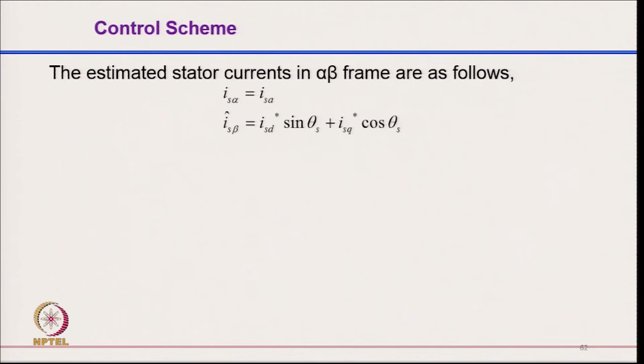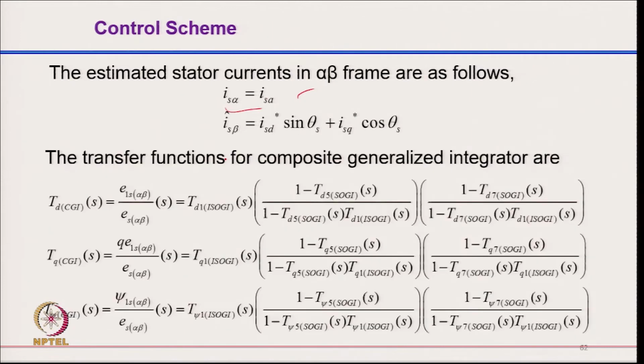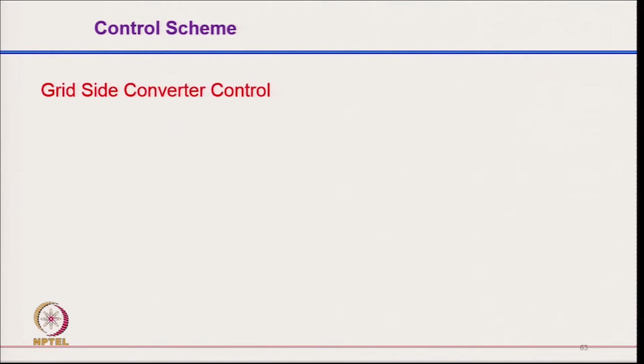You have the currents from your sensed current to alpha beta currents, and then you are able to use the typical transfer function for the control for alpha beta also.